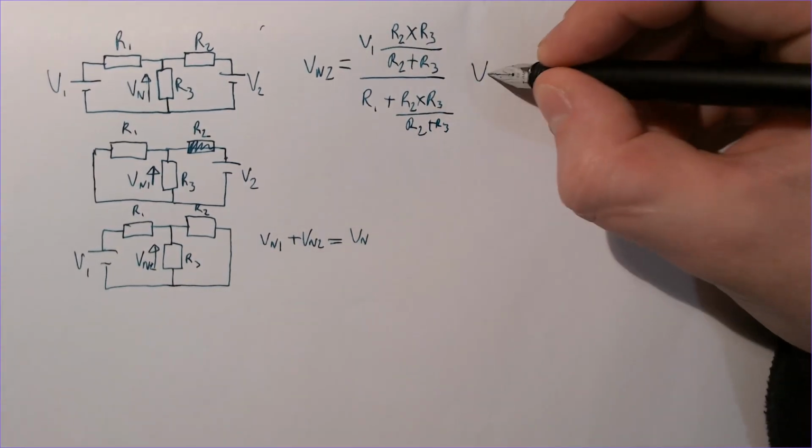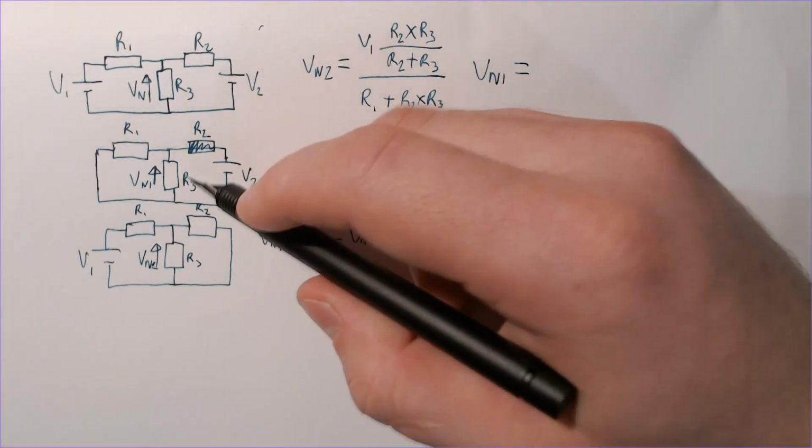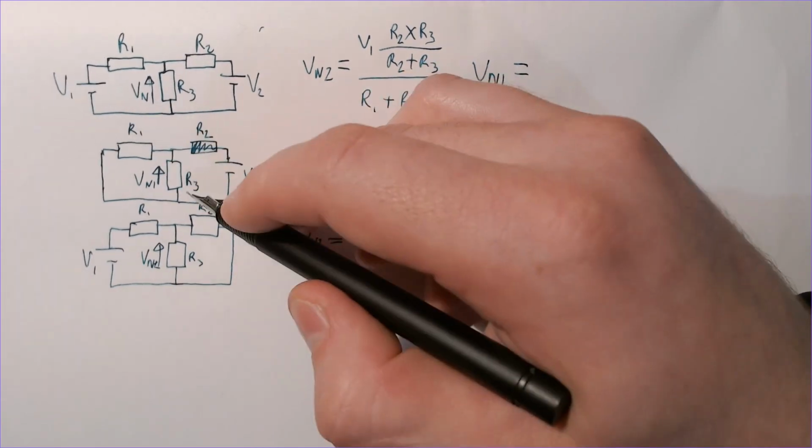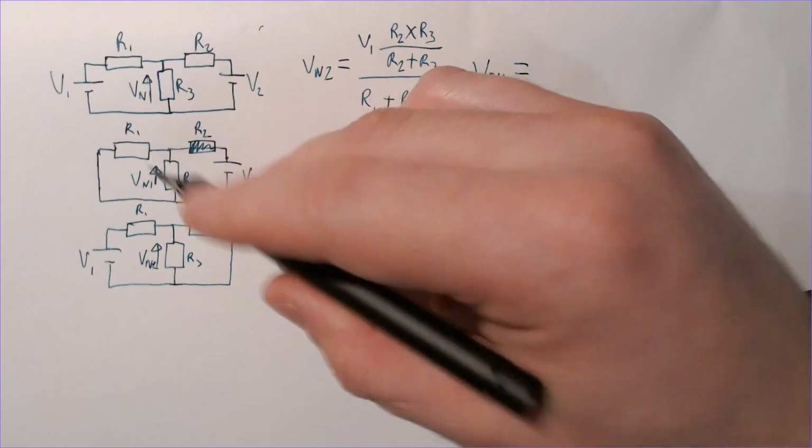and Vn1 equals, in a similar way, this is the same but flipped with different numbers, R1, R3 and R2. These are in parallel, that's in series, voltage across here, potential divider equation.